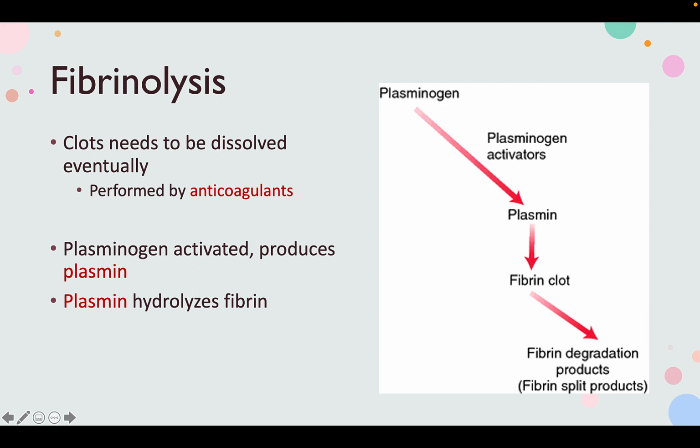Just understand that plasminogen gets activated, which then goes on to become plasmin, and then plasmin can dissolve our fibrin clot. And so we need to be able to hydrolyze or dissolve our fibrin clot so that we can fully heal. Okay, so that's the process of fibrinolysis. Think of glycolysis, just like when we were breaking down glucose, think of fibrinolysis as breaking down fibrin.